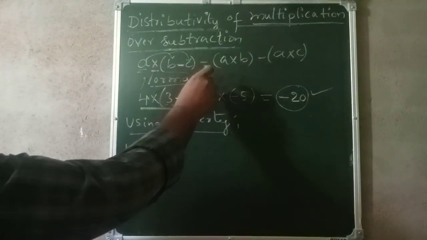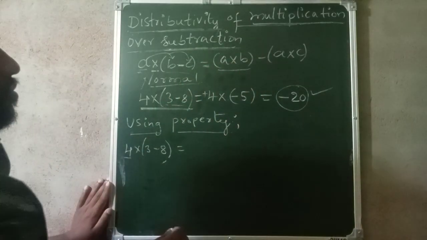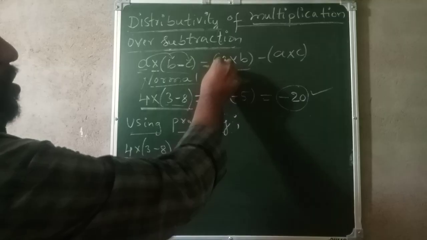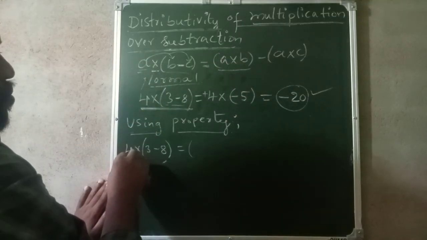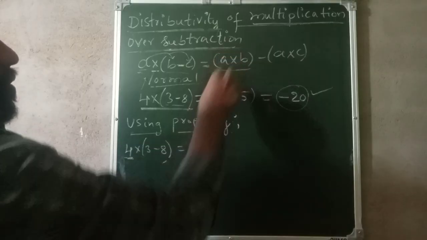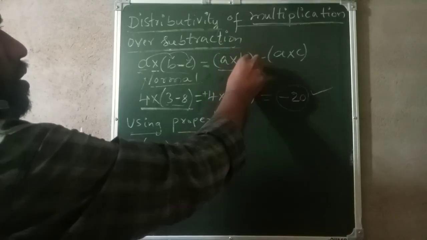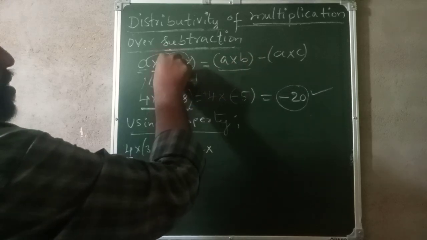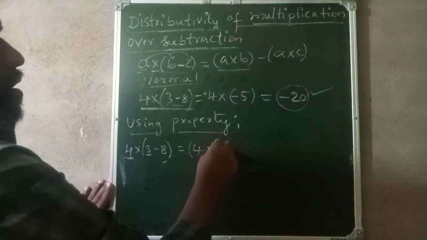So according to this property, after equal sign, a into b. Okay. So first bracket a. In place of a we have 4. So in place of a write 4. Into next b is there. In place of b we have 3. So in place of b write 3.